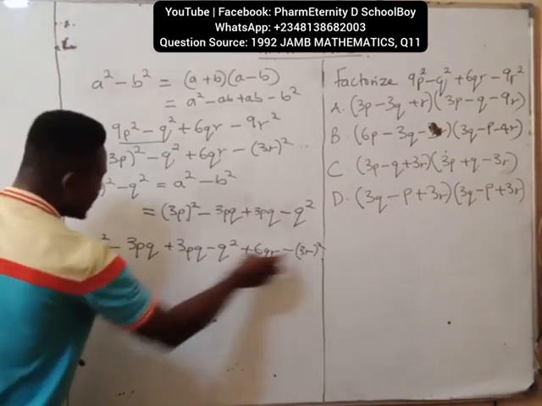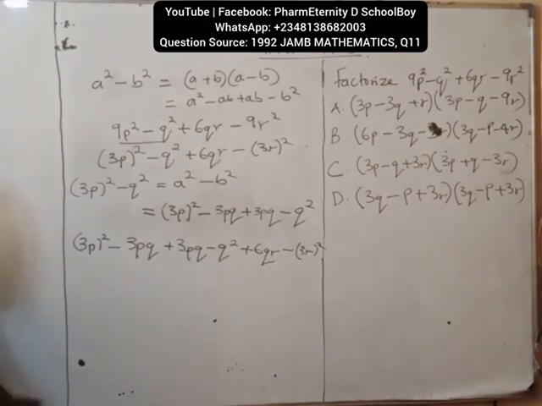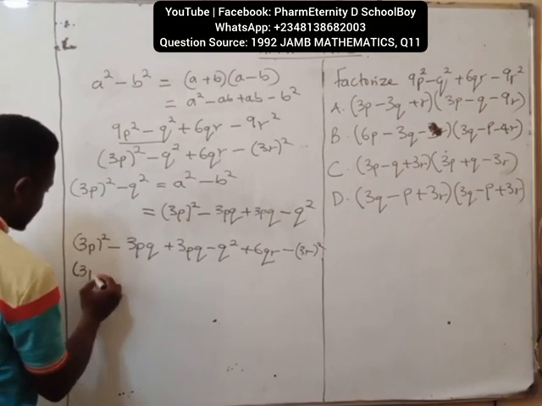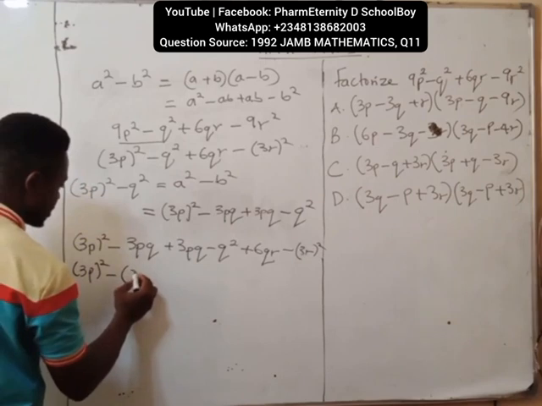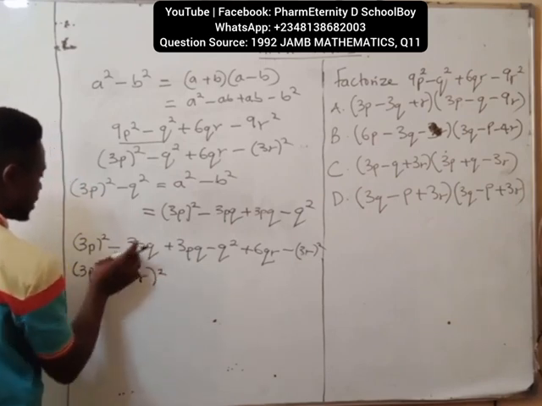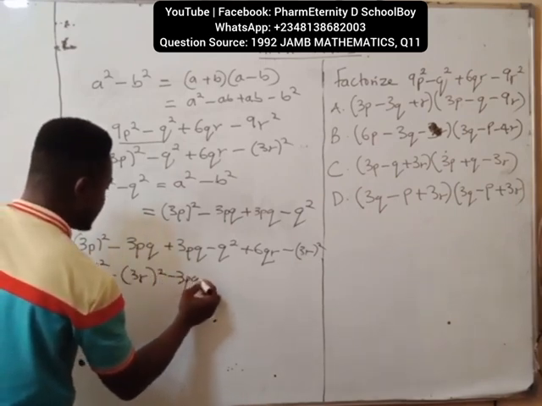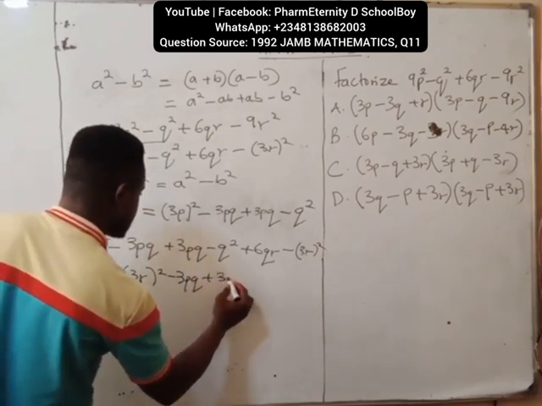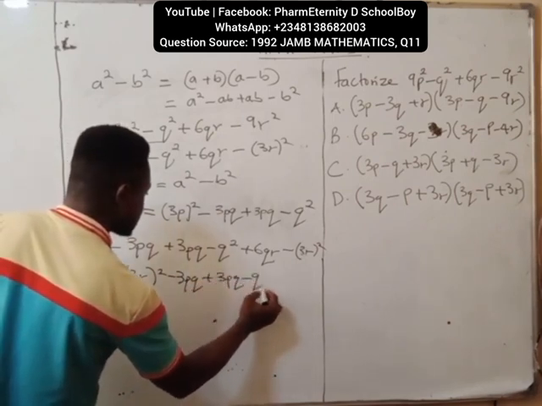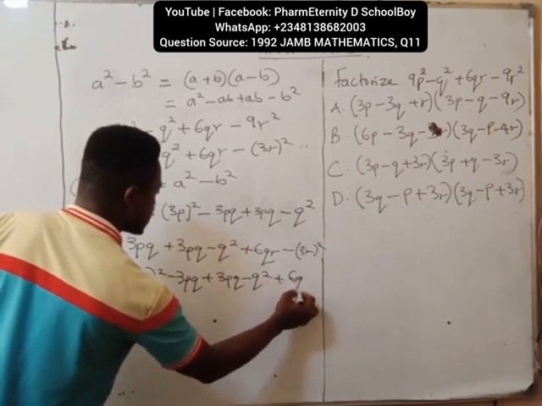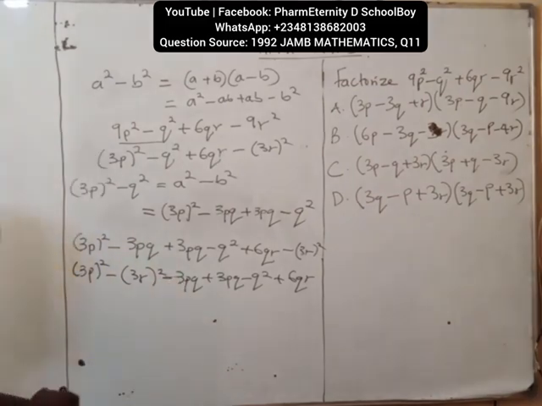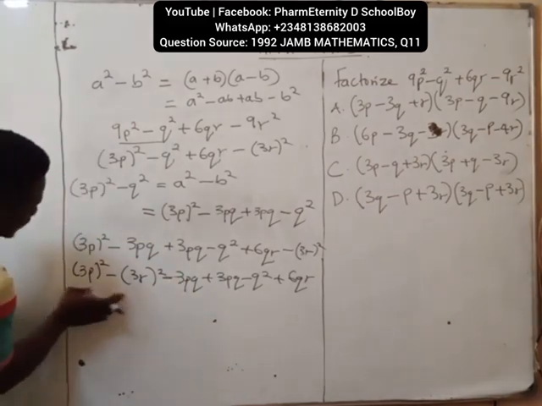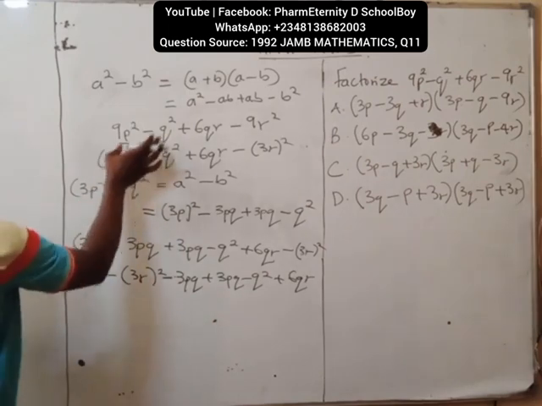You can find the difference between these two squares and see what it will give us. So we can rearrange this now to look like this: (3p) squared, we bring this forward, minus (3r) squared, then minus 3pq plus 3pq minus q squared plus 6qr. We can find the difference of these two squares using this method again.